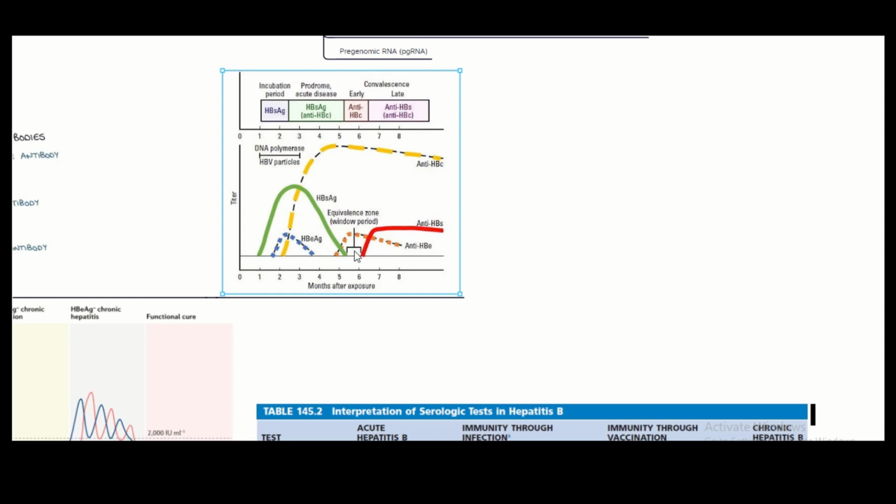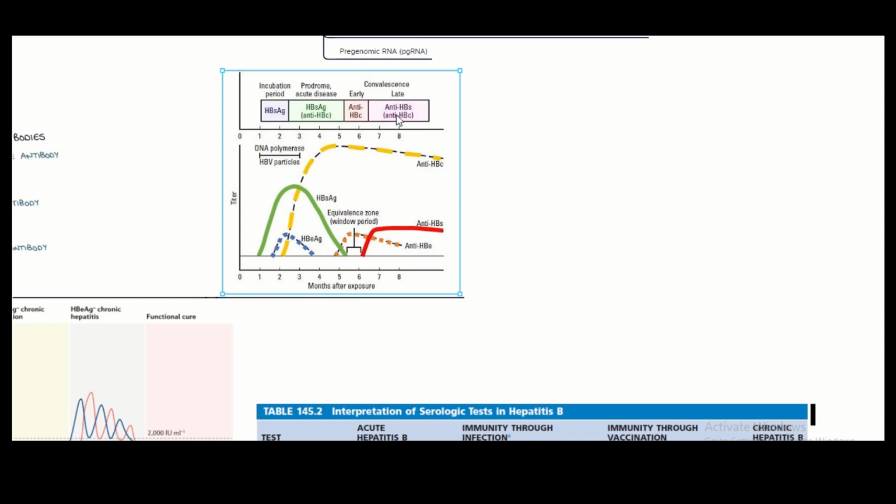This is important because it is really common to have misdiagnosis during this window period, which is usually between 5 and 6 months. But with the appearance of anti-HBe, anti-HBs, and anti-HBc during the late convalescence phase, we will have high anti-HBs and high anti-HBc. Anti-HBe will go down really fast. These are good indicators that the infection has gone through.